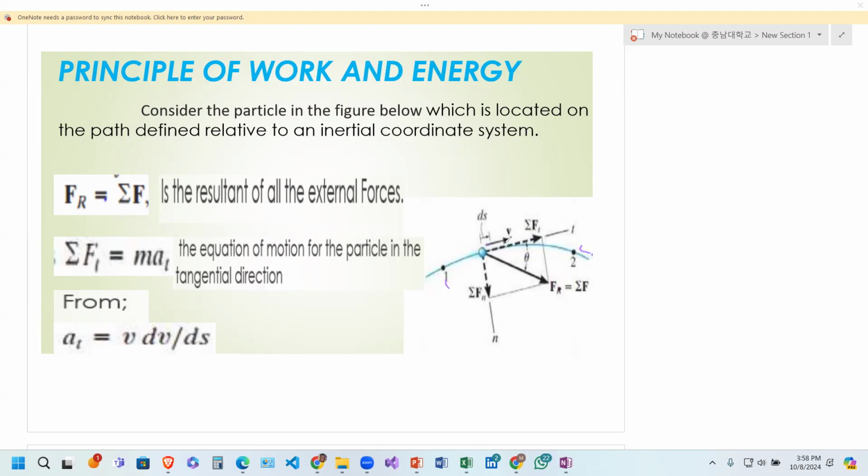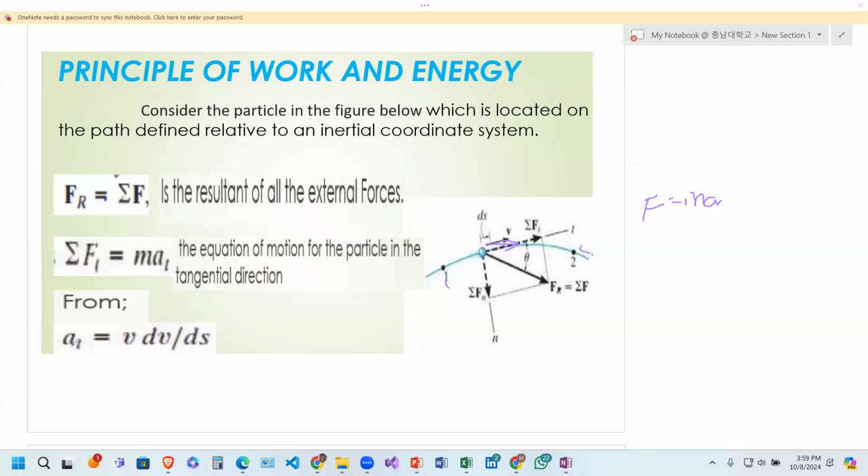So in this direction, we have the summation of F1, and the body is moving with an acceleration, and that acceleration gives us force F equal to ma, where a is the acceleration that the particle has gained due to its motion.